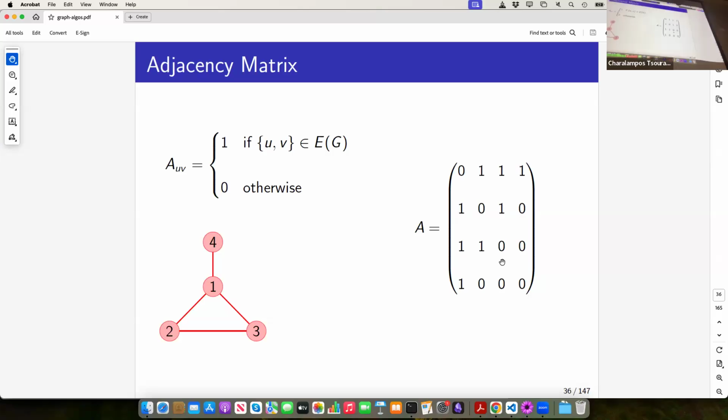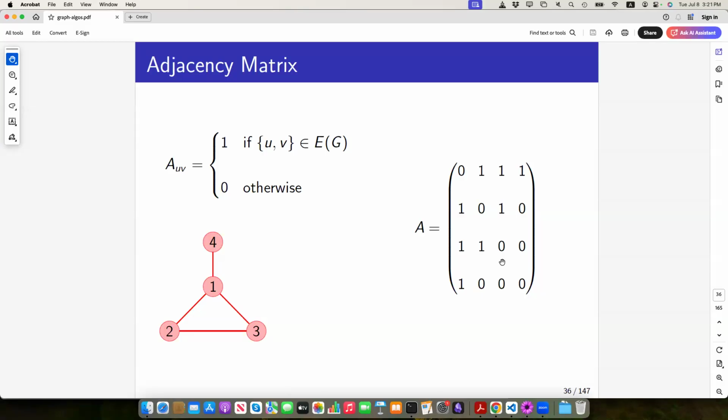Now, if we have a graph, we can associate different matrices to it. For example, if I have this little graph, I have the adjacency matrix, which puts a 1 in the ijth entry if i and j are connected by an edge. Conveniently, the nodes are numbered 1, 2, 3, 4, corresponding to the rows. You can see that 1 is connected to everybody: to 2, 3, and 4.